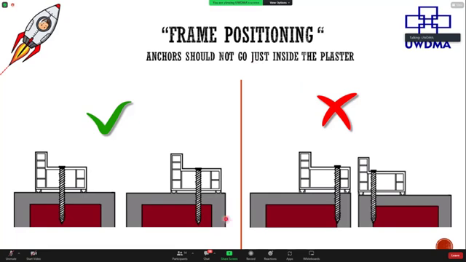Then only it will get some material to hold it, and it will be giving strength and transferring all the load to the wall. So please ensure that the fastener goes into the brick, okay, and doesn't just stay in the concrete.